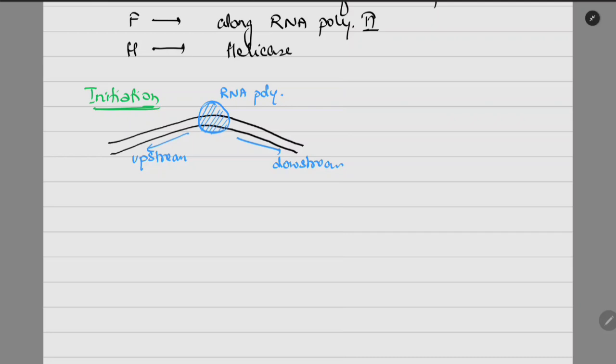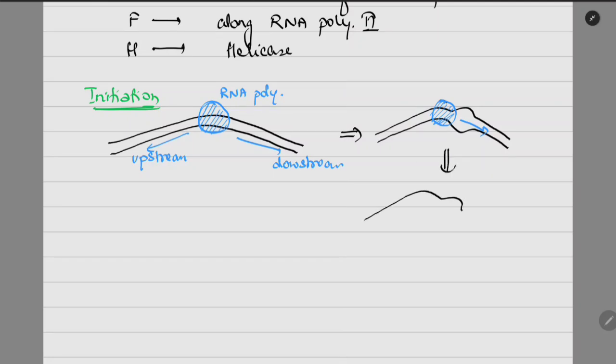Now here there will be bubble formation, and the RNA polymerase will be here, something like this. As it shifts toward this side, there will be formation of a new RNA strand.